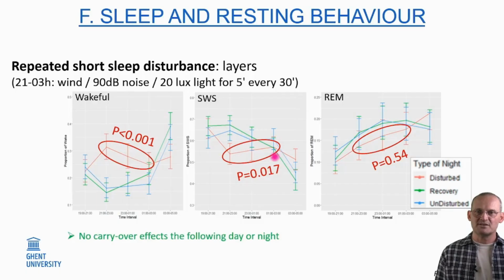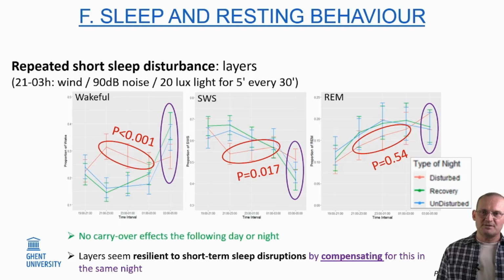They showed less slow wave sleep and also less REM sleep. But what we didn't see was a change between the green and the blue line, indicating that there was no carryover effect of the sleep disturbance into the following day or night.